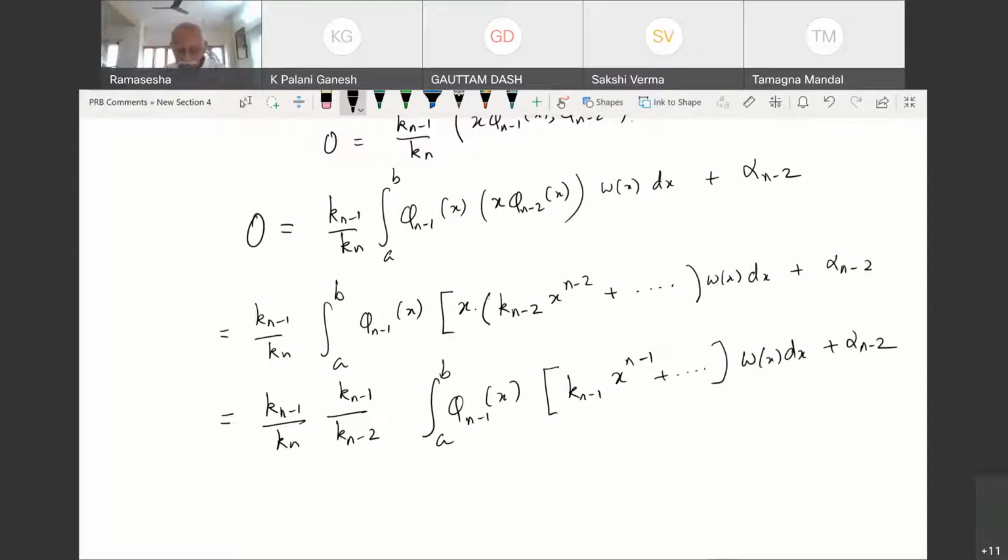Any questions? All I have done is divide by k_{n-2} and multiply by k_{n-1} so that I get the leading term to be that, and I don't care for the others.